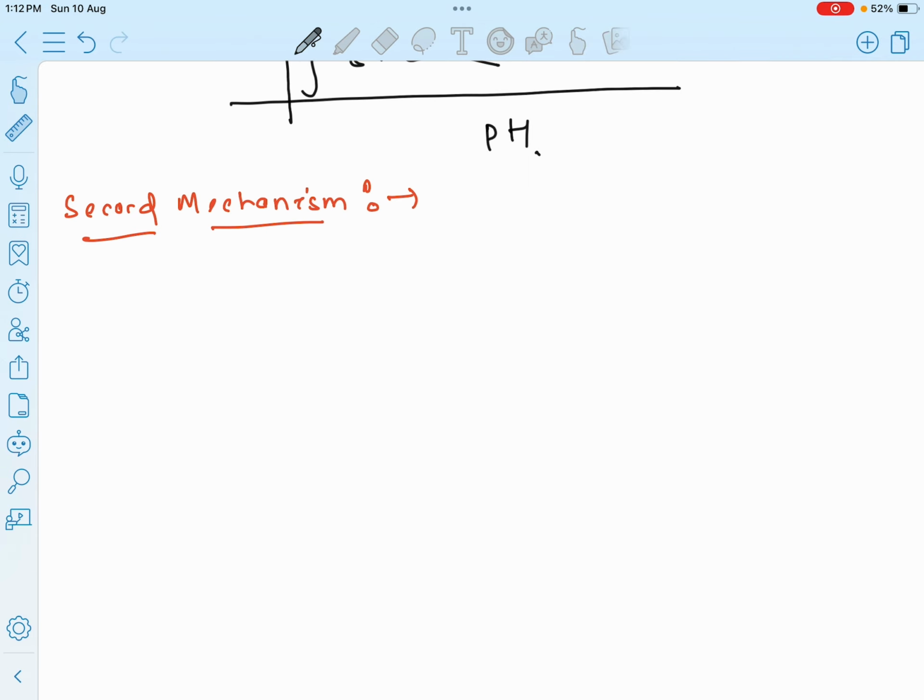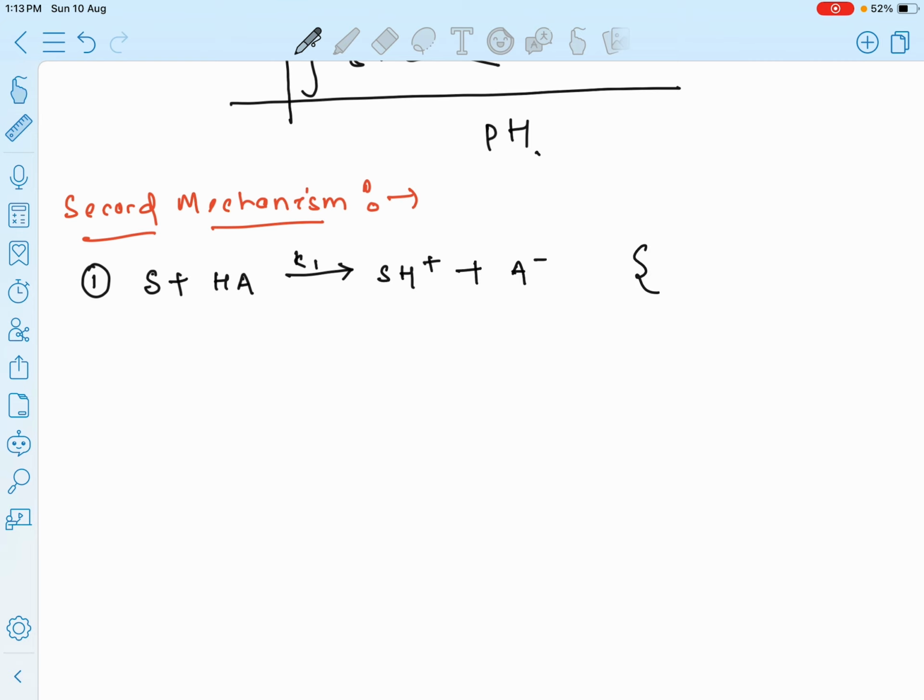So here in the first step, what has happened? Obviously the substrate will get protonated, and the rate constant for the reaction will be K1, and a protonated substrate complex will form along with the release of a base.